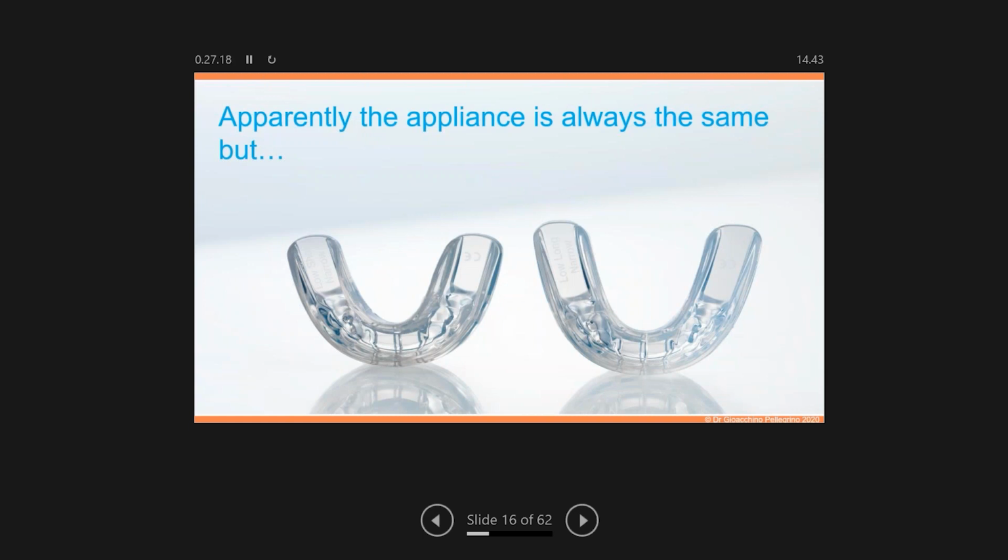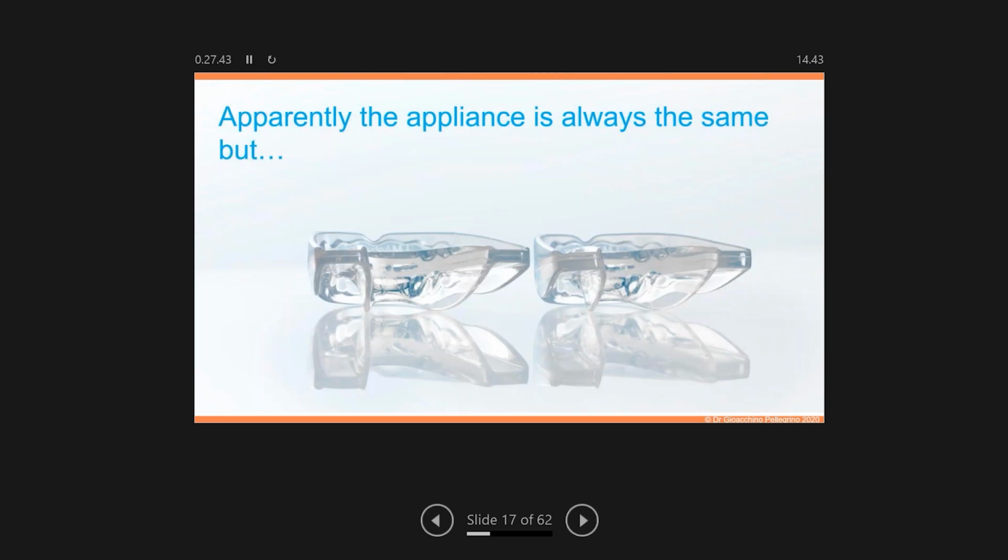And this is really important from a clinical point of view, because we have short arches and long arches. We can think easily that when the second molar is present inside the arch, we need to cover and control this position, and so we will need a longer appliance.